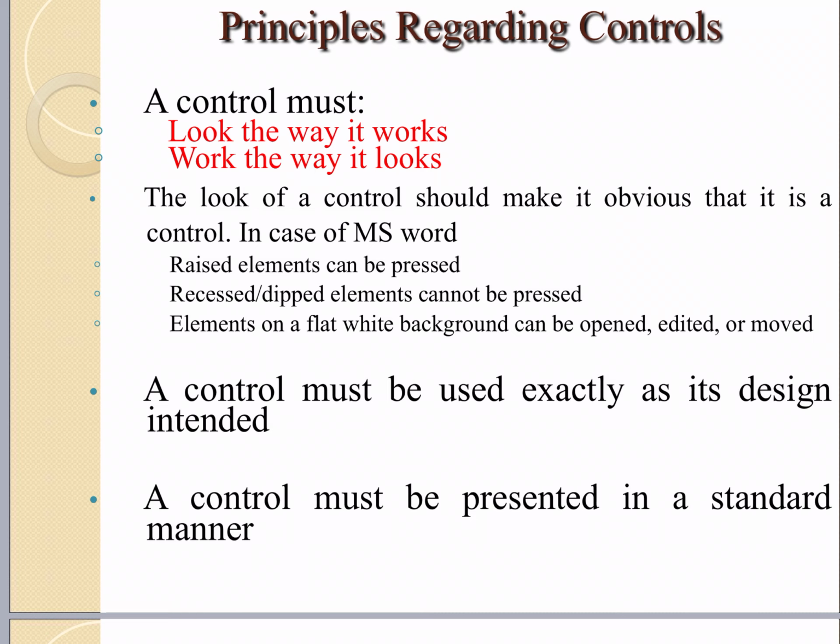In the case of MS Word, for example, raised elements can be pressed, dipped elements cannot be pressed. Elements on a flat white background can be opened, edited or moved directly. So these are the functions that we can do. It has to also follow whatever functionality it has.